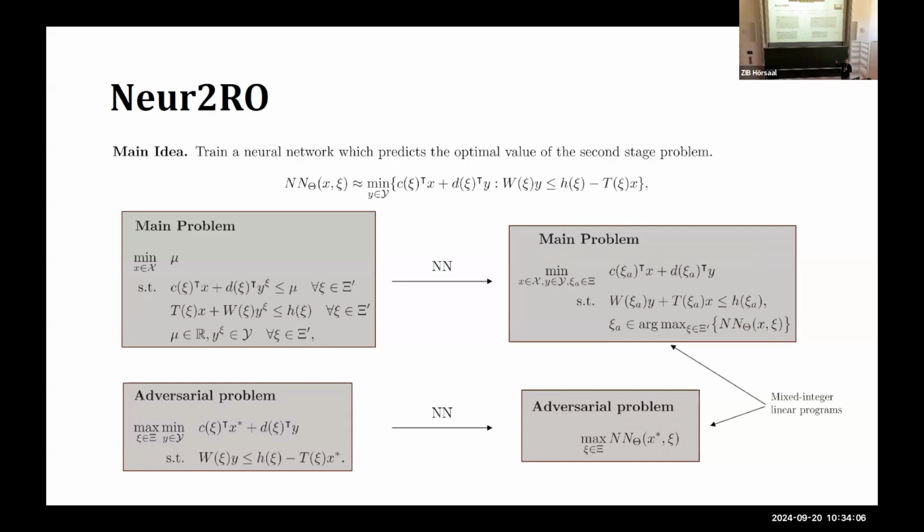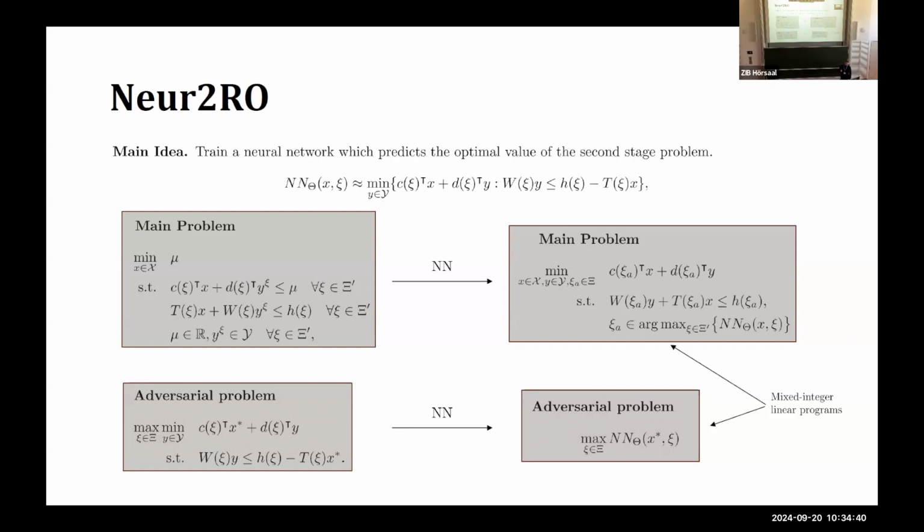So we still let it predict the value, but the decision we are doing here is we are using the neural network to decide which of the scenarios we have is actually the worst one. So now if the neural network has a certain error, it still can predict the worst scenario in many cases, right? So even if there's an error of a certain size, it could be that the worst scenario is the correct one. So what we're doing is we're just using the argmax here, which you can again model.